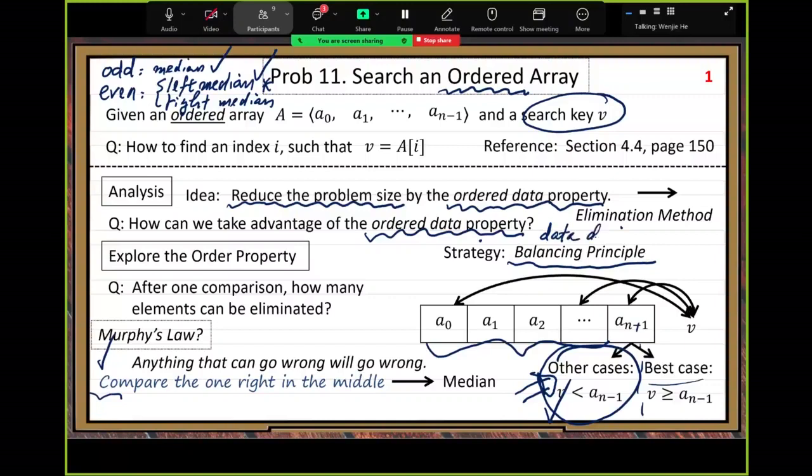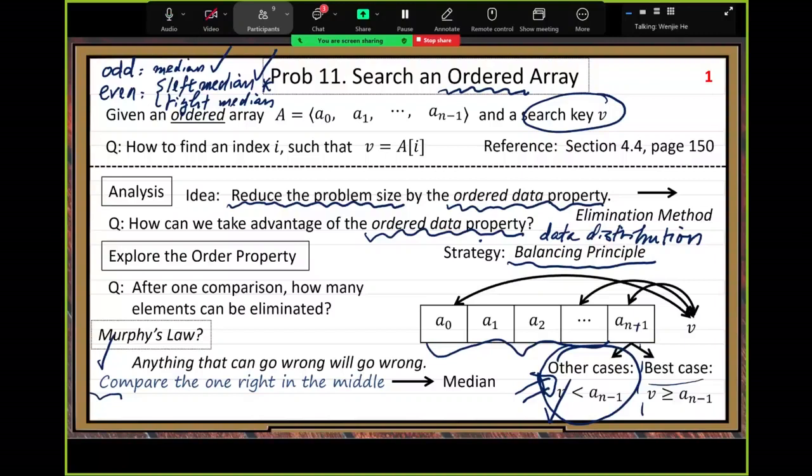Data distribution. What's that? Data distribution. Our given array is the data, right?